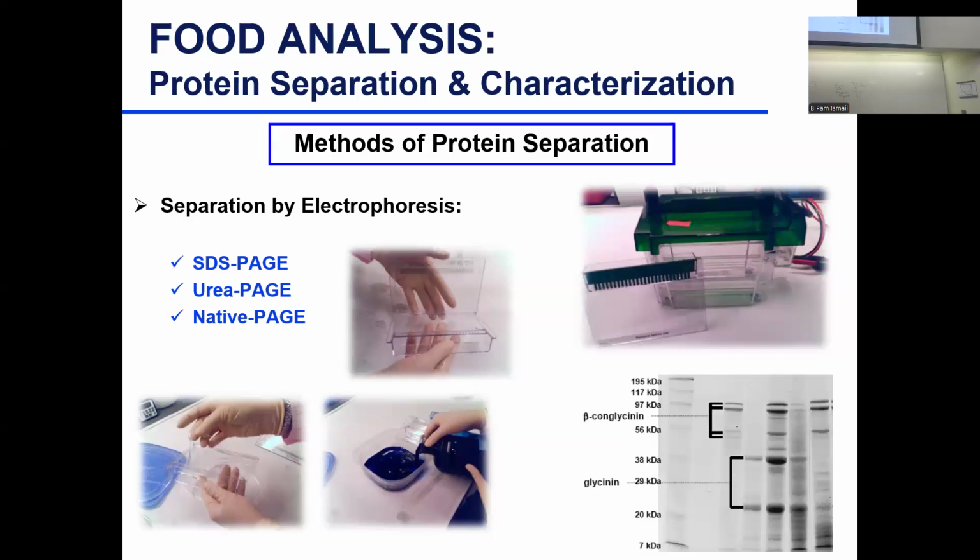Anyway, so we take it out and then we stain. At this step here, I put the gel and I'm staining it with Coomassie blue. So the protein will react with Coomassie blue and nothing else will react. If you have sugars, fat, whatever you have, they won't react with your Coomassie blue.